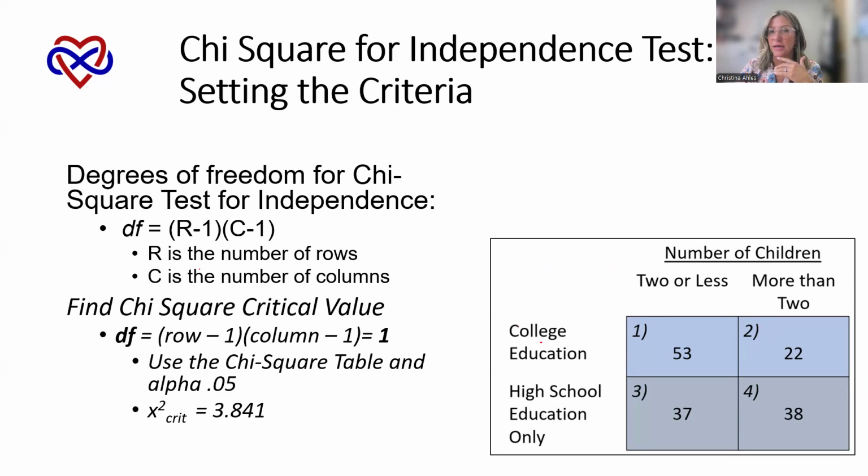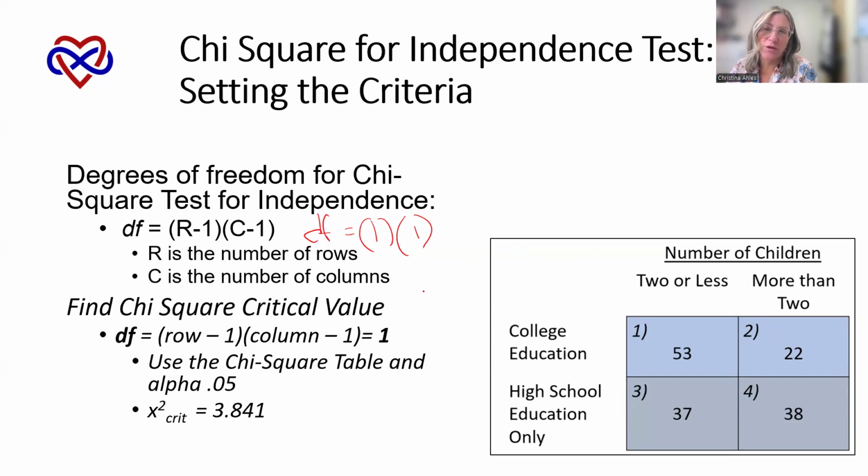In this case, we have 2 rows, minus 1 is 1. And then we have columns minus 1. We have 2 columns, so 2 minus 1 is 1. And we multiply those 2 together. So degrees of freedom is 1 times 1.